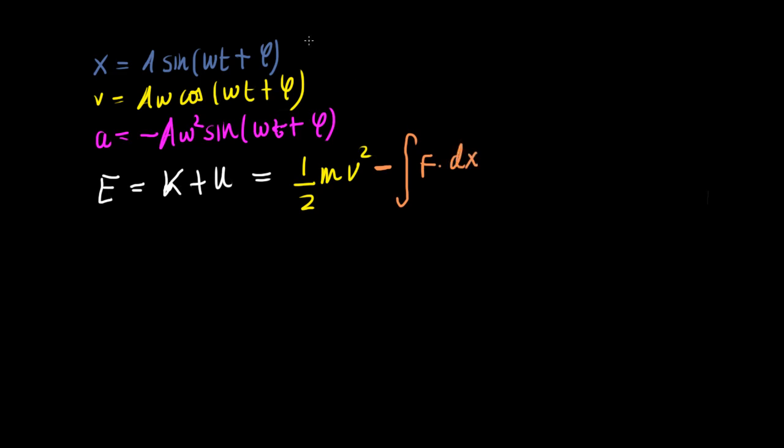So this is our energy. So what does this simplify to? This becomes, I'll bring the m inside, m over 2 times v squared. V is this, so I'll have to square that. Okay, half m times v squared.